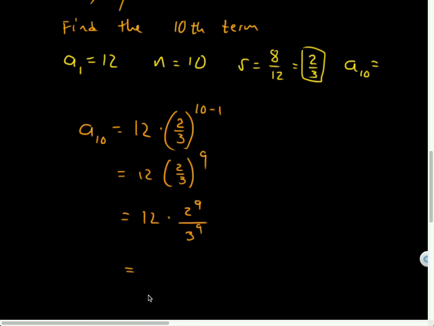Let's figure out what 2 to the 9th is. That's 512. And I'm going to multiply 512 times 12. 6144 over 3 to the 9th, which is 19683. So there's the 10th term in my list.